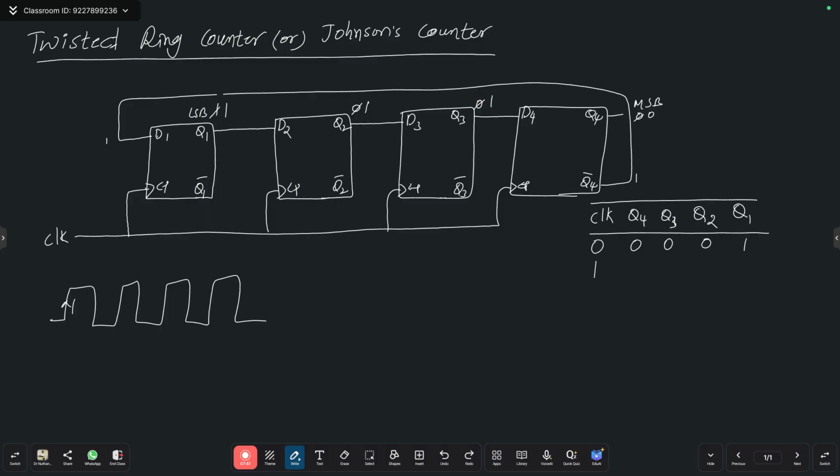When it is 0, then what is the Q4 dash? It is 1. Yes or no? Then in the present situation, what is the outcome? Now tell me what is Q4? Q4 is 0, Q3 is 1, and what is Q2?